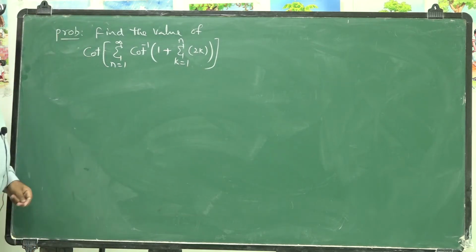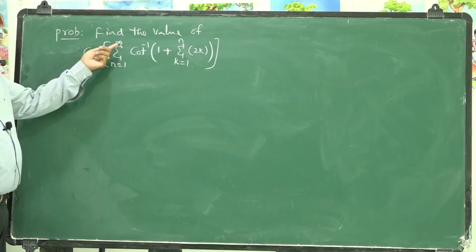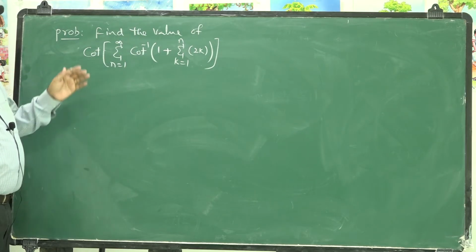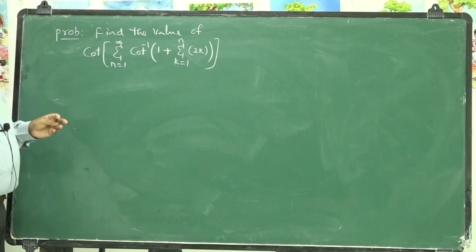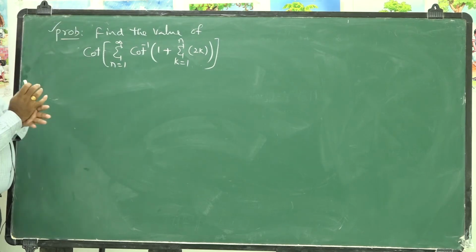Find the value of cot of sigma n equal to 1 to infinity cot inverse of 1 plus sigma k equal to 1 to n 2k. This is given in previous IIT examinations.